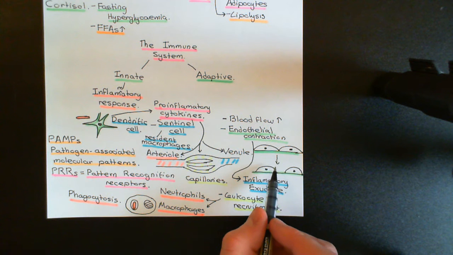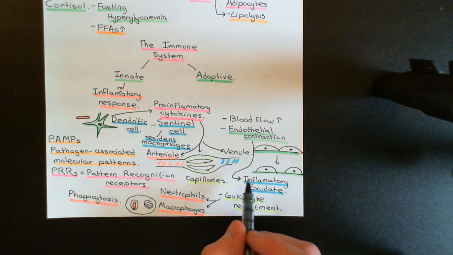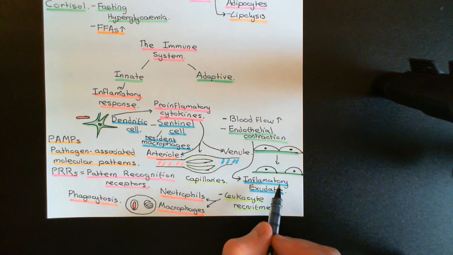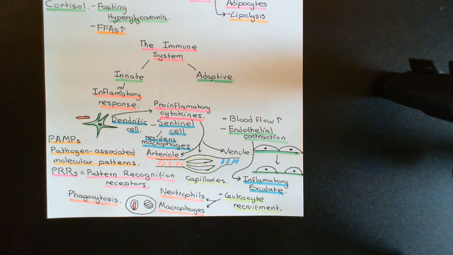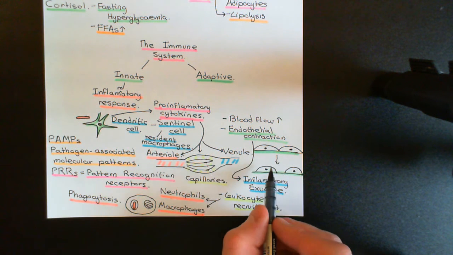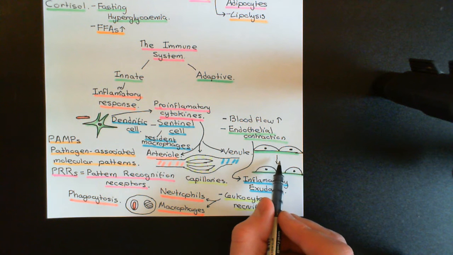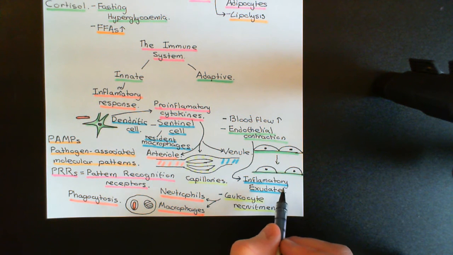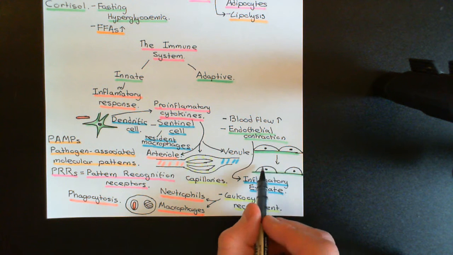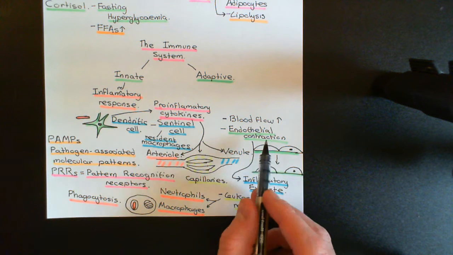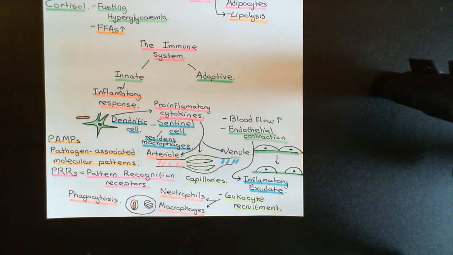The endothelial cells have to have all sorts of molecules on their surface that interact with molecules on the surface of the leukocyte to negotiate its way through the gap in between the endothelial cells. And it is the pro-inflammatory cytokines which encourage the endothelial cells to actually start moving white blood cells from the bloodstream into the interstitial fluid. It does not just happen because of endothelial cell contraction. So this and this are separate things that the pro-inflammatory cytokines are going to produce.